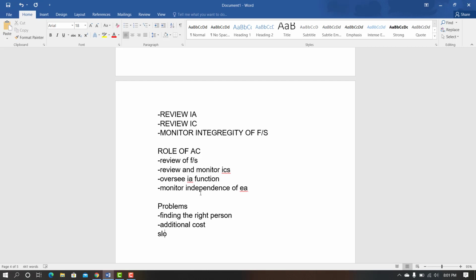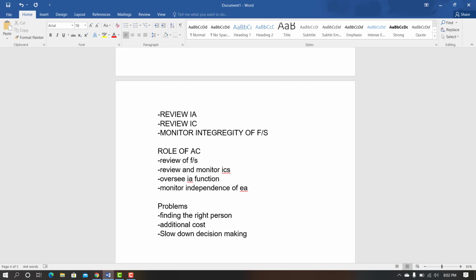Another is slowing down decision making. So the problem of the audit committee is that it will be hard to find the right person for the job of the audit committee, and also it will add additional cost, and also it will make decision making slow.